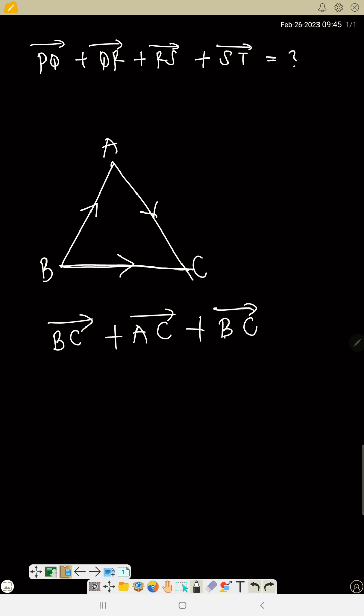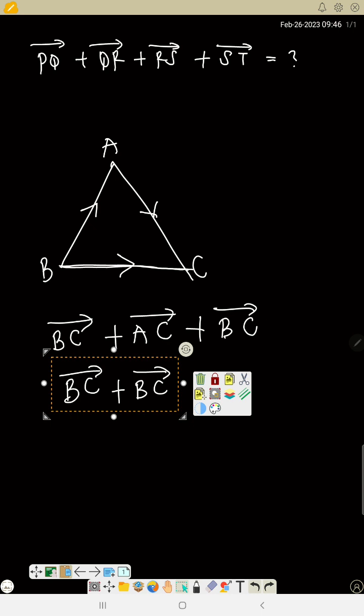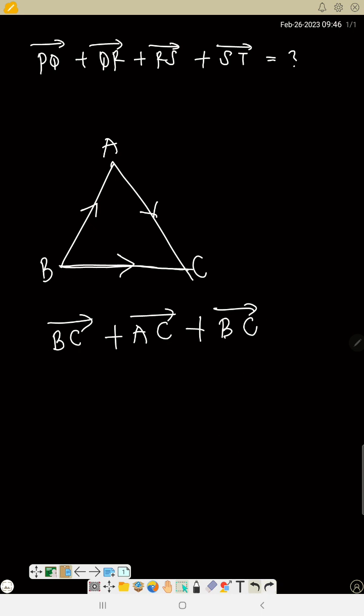So now if you look at this very well, then this can be BC plus BC plus AC. So now if you look at one, there is a mistake here. One is not BC, as in here to here is BC plus AC, then plus BA.